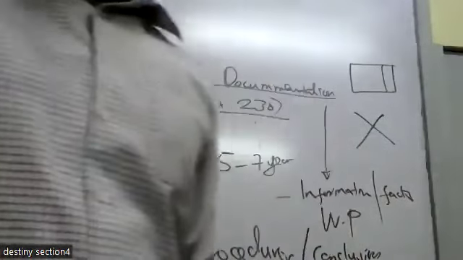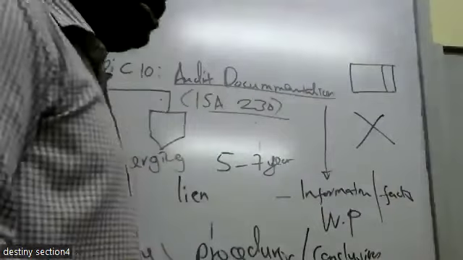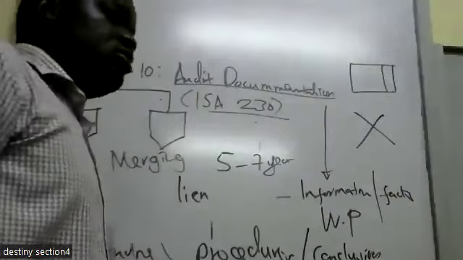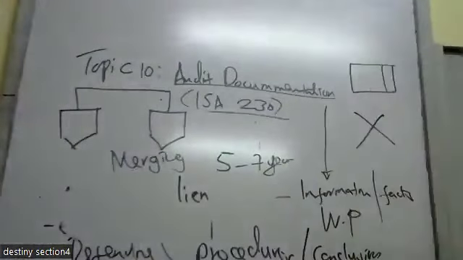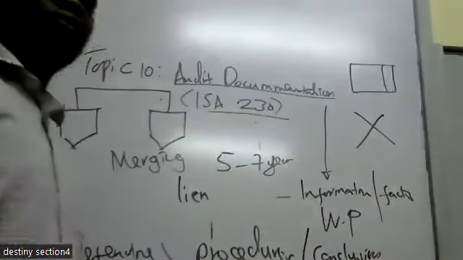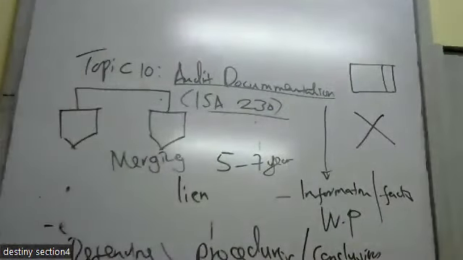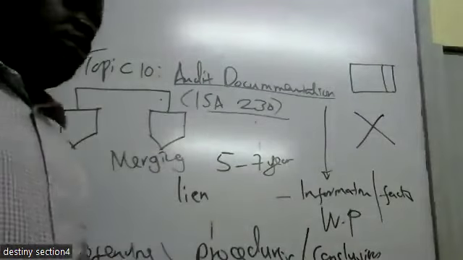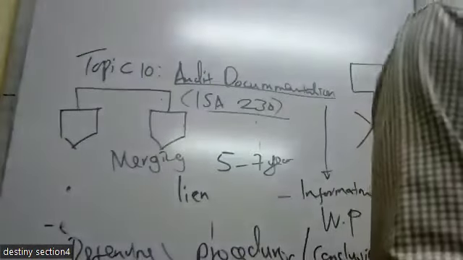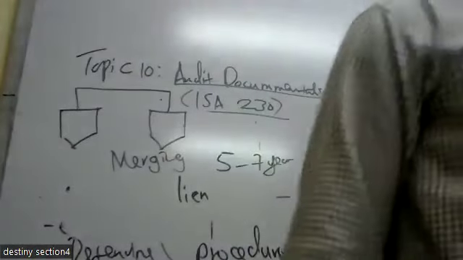The other argument: the auditor says they are not an agent of the client, but an independent contractor. The other one, they say they can use the working papers to defend themselves in a court of law. They can use those working papers to defend themselves in a court of law.